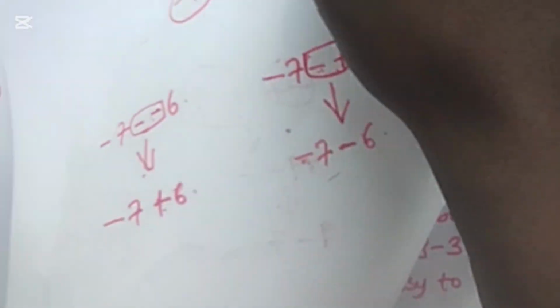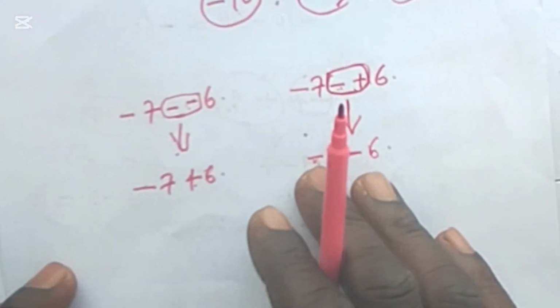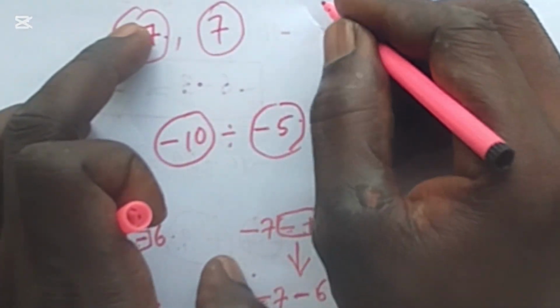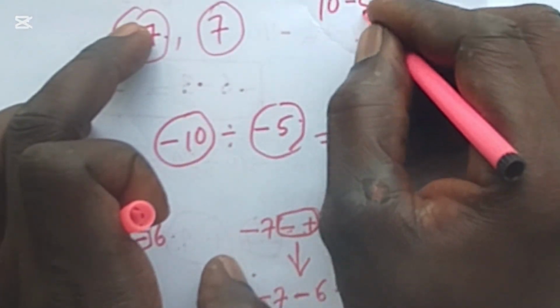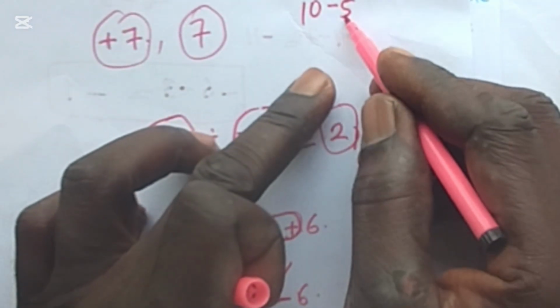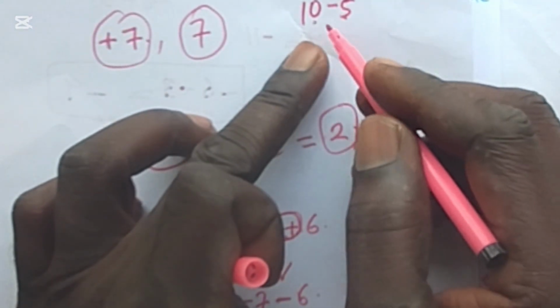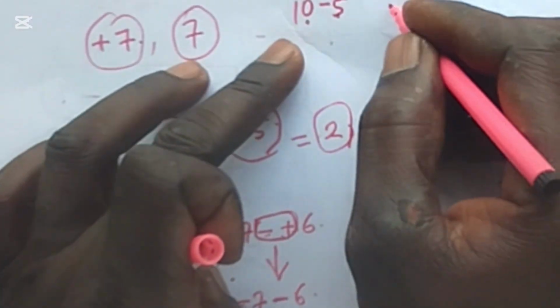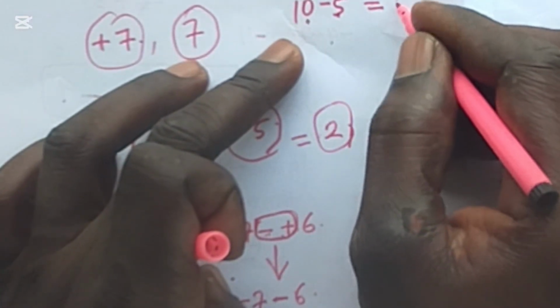For instance, if you have 10 minus 5, 5 is being subtracted from 10. 10 is greater than 5. Your answer will be a positive number.